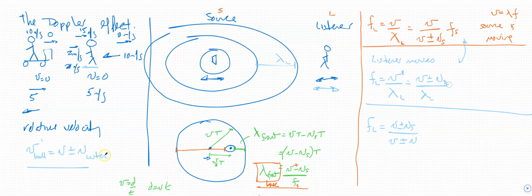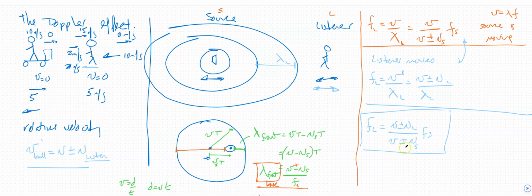This is the listener. That's what I put here, the listener. This is the frequency changes because the listener is moving. So here, excuse me, let's put it here. And this is the general expression for the Doppler effect in the case the listener moves or the source moves or both move.